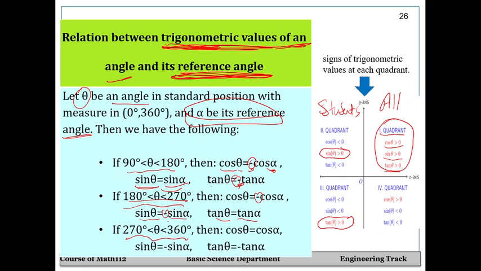Here only tangent is positive, so all students think, tangent thinks. In the fourth quadrant it's cosine, so you can say: all students think calculus.